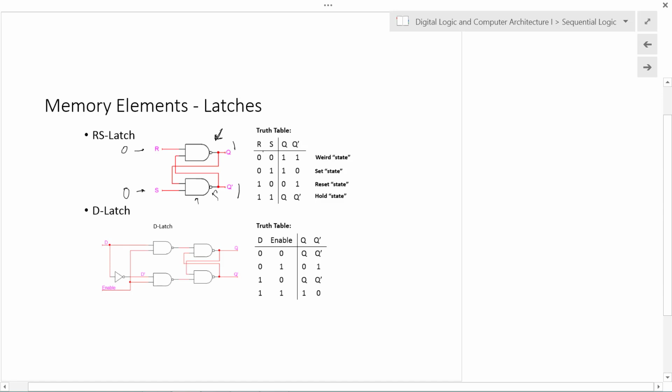So this is what we're going to call the weird state. We are actually not going to use this in practice. Instead, we need to use these other three cases here: the set state, the reset state, and the hold state.